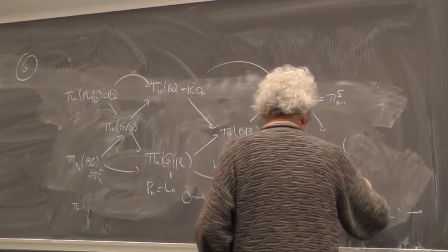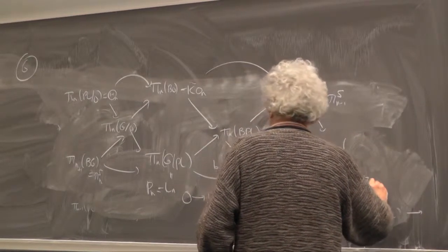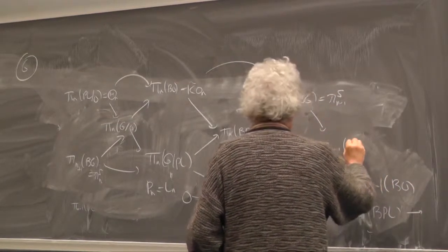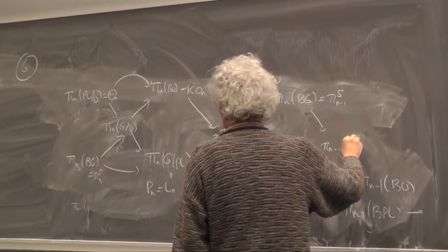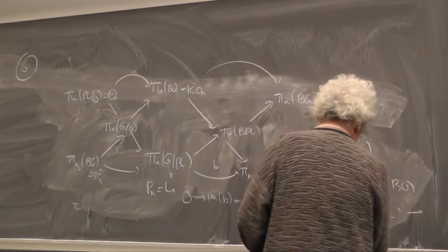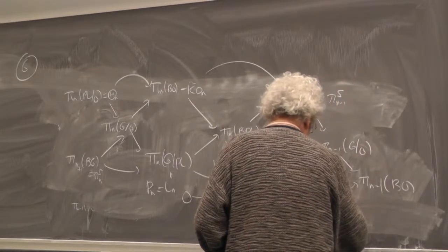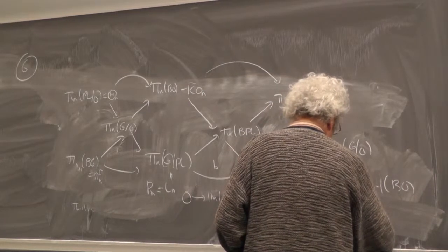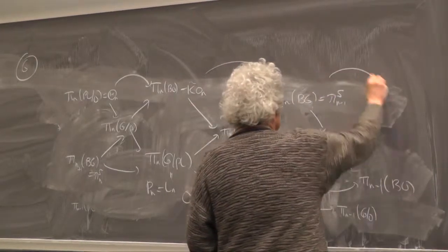What I need to have is like that. Pi_{n-1} of BO. And here I need pi_{n-1} of G/O.